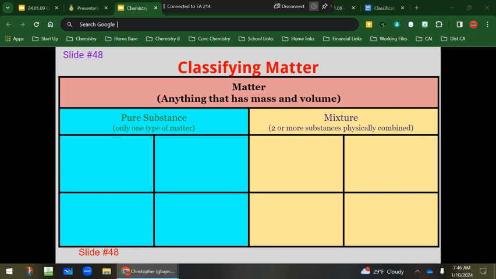Okay, so there is only one kind of matter present in your sample. The second type is a mixture, which is two or more substances physically combined.